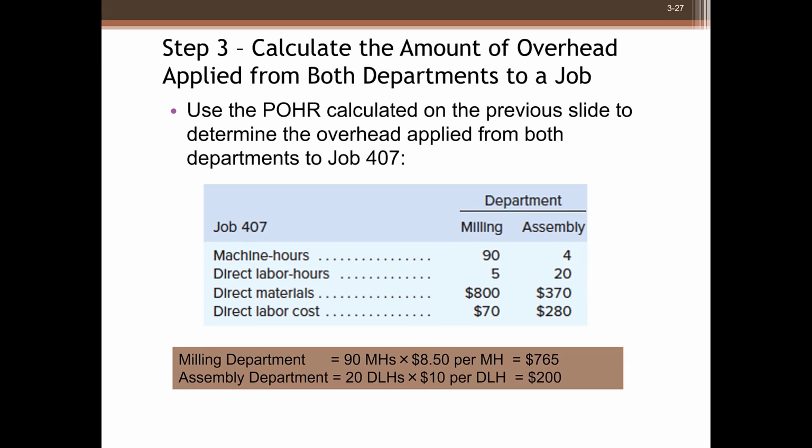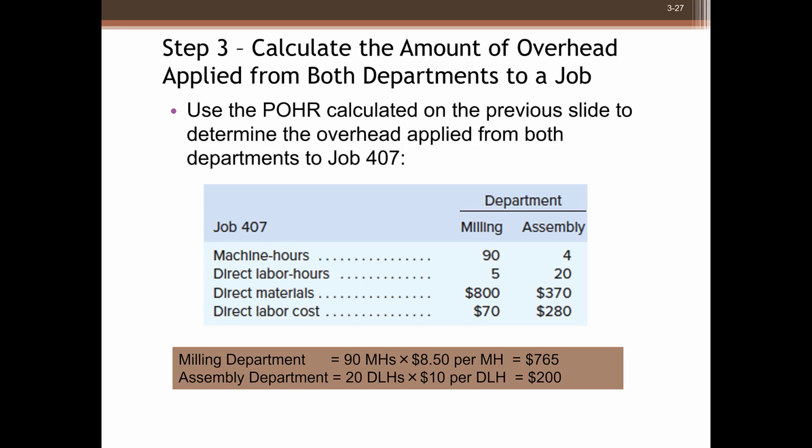Step 3, we can calculate the amount of overhead applied from both departments to a job. For the job here, job 407, direct machine hours used for the milling department, 90. Assembly 4. Direct labor hours, milling 5, assembly 20. And then we have cost of direct materials and direct labor. But keep in mind, the allocation base for the milling department is machine hours.